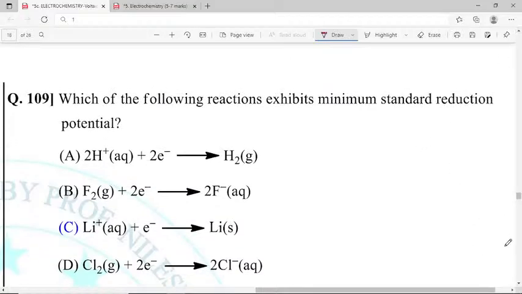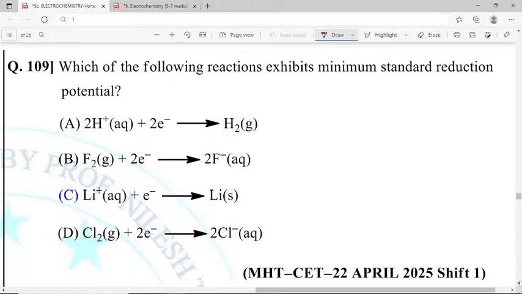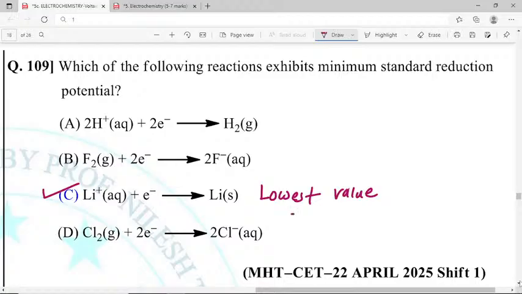Which of the following reactions exhibit minimum standard reduction potential? Lowest value, that is the negative value, lowest negative value potential.